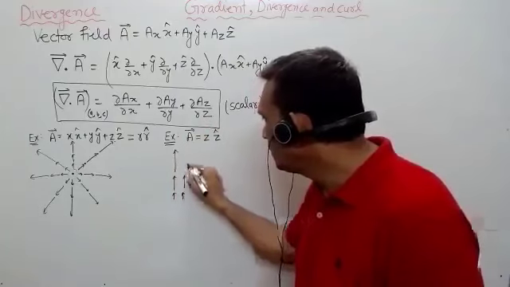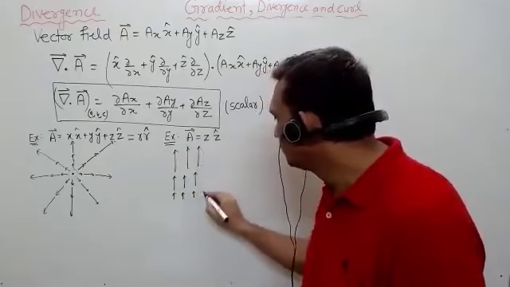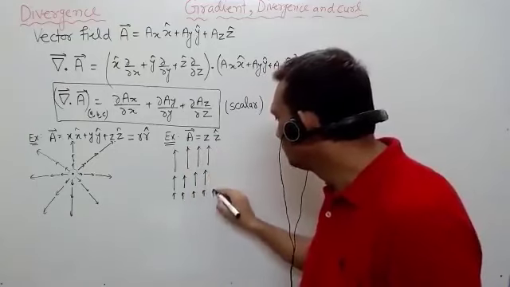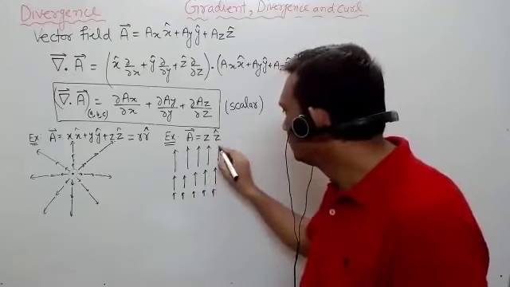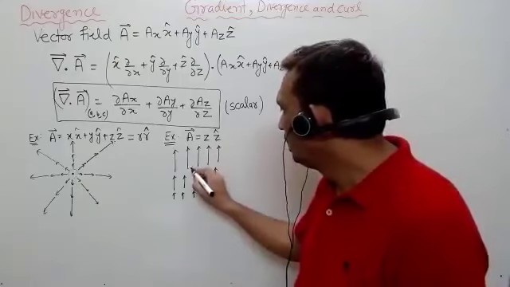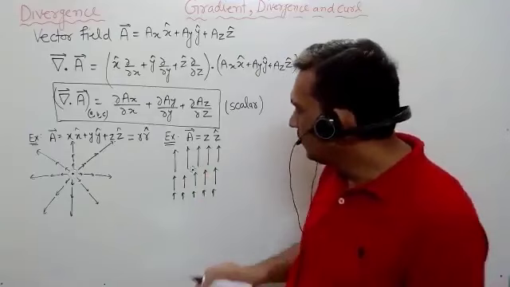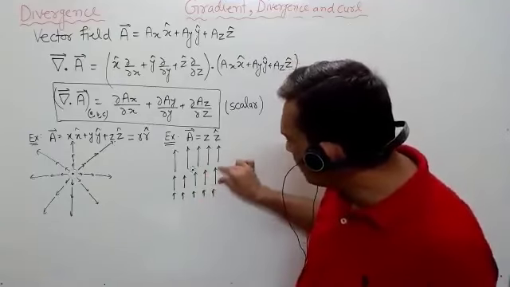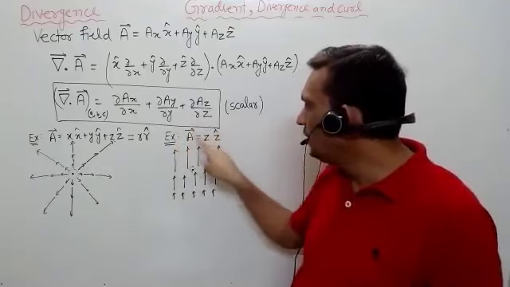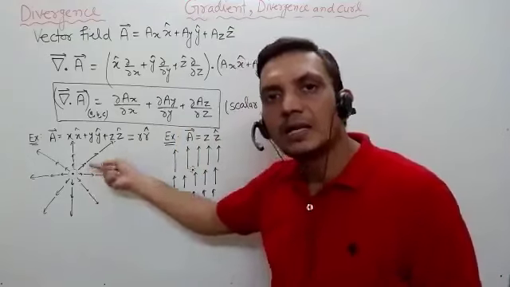So we can represent this vector field in this form. Now in this vector field, around a given point, we have to find divergence. I have represented that in the z direction, magnitude is increasing. So that represents the vector field z cap. This represents the vector field r cap.